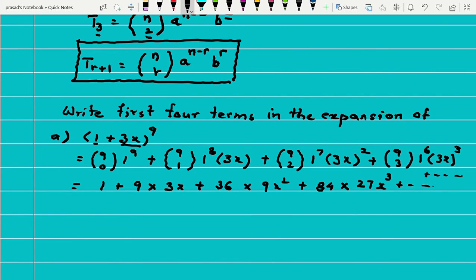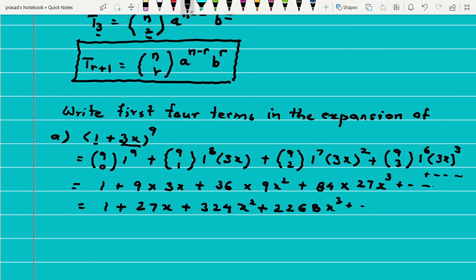And then simplify this, it will be 1 plus 27x. Then the next term will be 324 x square. And the next term, 84 into 27, that is 2268 x cube.